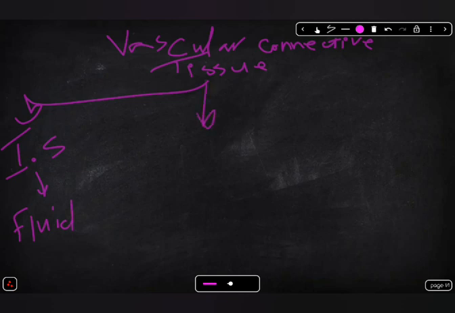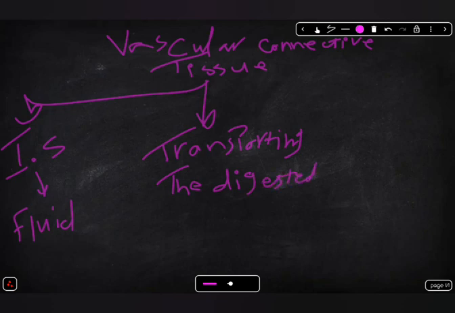The function: transporting the digested food and the gases and wastes.